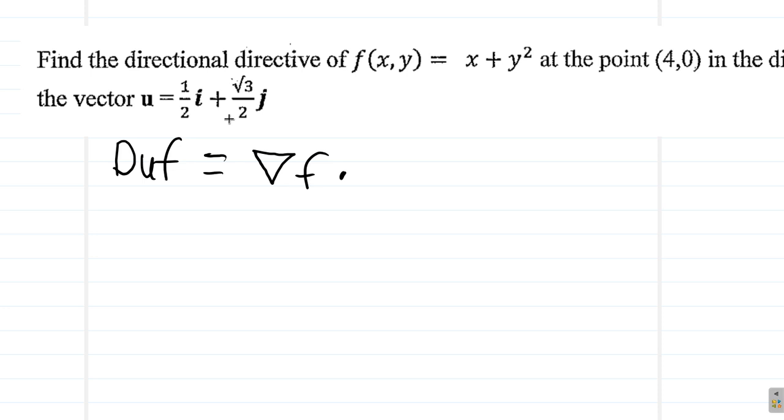You multiply by the unit vector, you get back the same value, although it might look different.